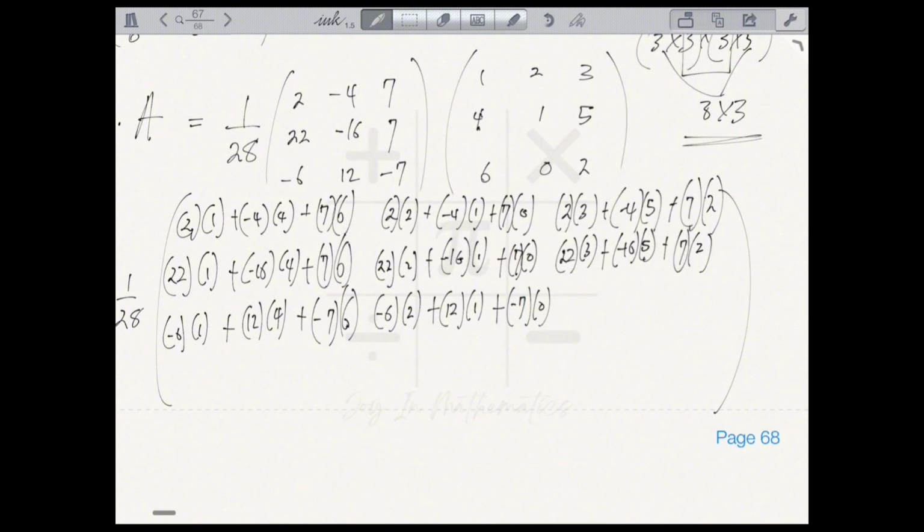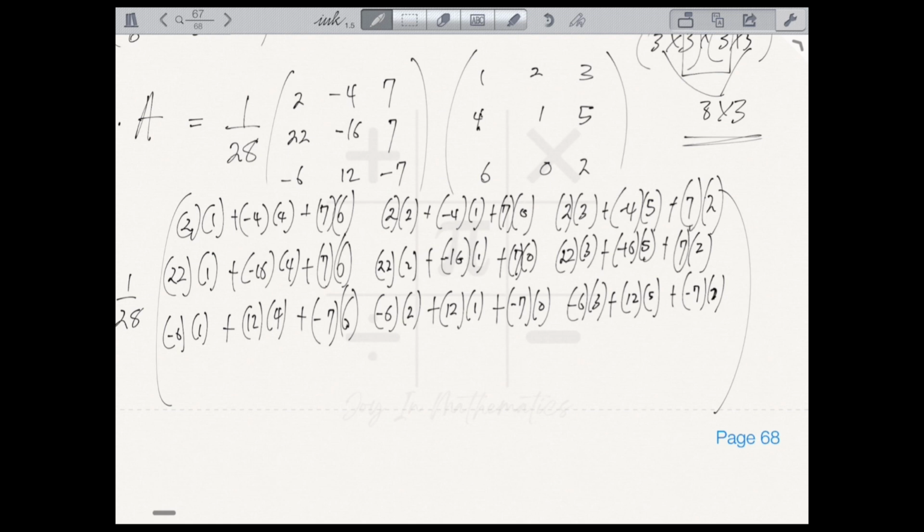And finally for row 3 column 3, we will have minus 6 into 3 plus 12 into 5, plus minus 7 into 2.